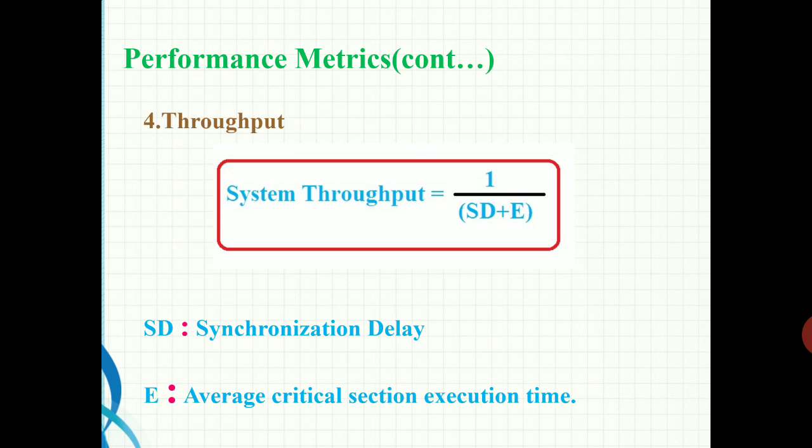Here SD is the synchronization delay and E is the average critical section execution time. By using these two parameters, we can determine the throughput of a distributed system based on a mutual exclusion algorithm.